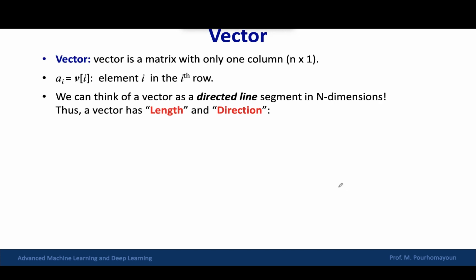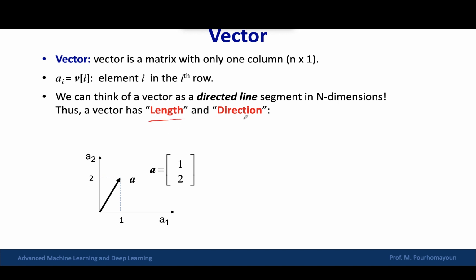And vectors, we are going to work a lot with vectors from now on. We can think of a vector as a directed line. It is in fact a matrix with only one column, but we can consider it in our problem as a directed line that has length and direction.